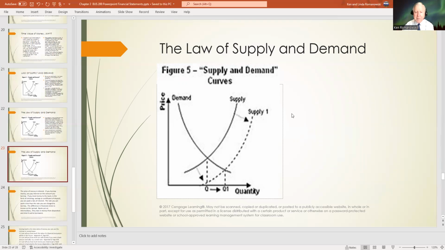Let me say that again. The more the quantity of a good that is manufactured, the lower the price that's going to occur.